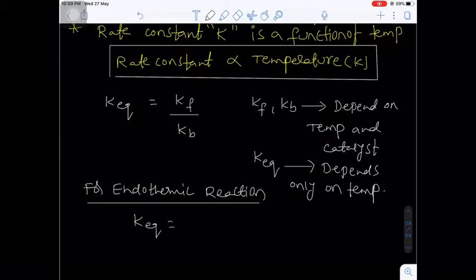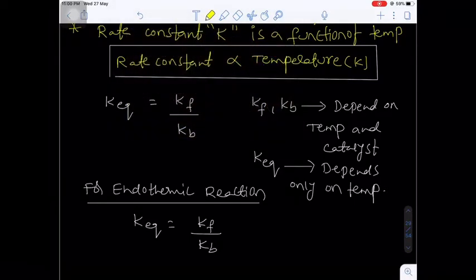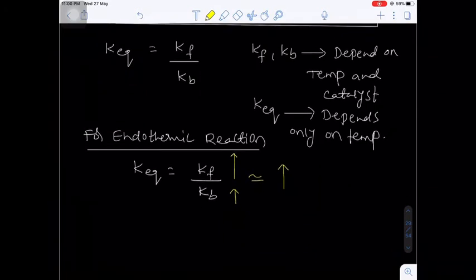For endothermic reactions, if you see the K equilibrium, the Kf by Kb ratio, what happens? When we supply heat, that means when we increase the temperature, the rate constants of both the forward and backward reactions increase. But the increment in the rate of the forward reaction will be more than that of the backward reaction. That's why the resultant equilibrium constant value increases in an endothermic reaction on increasing temperature.